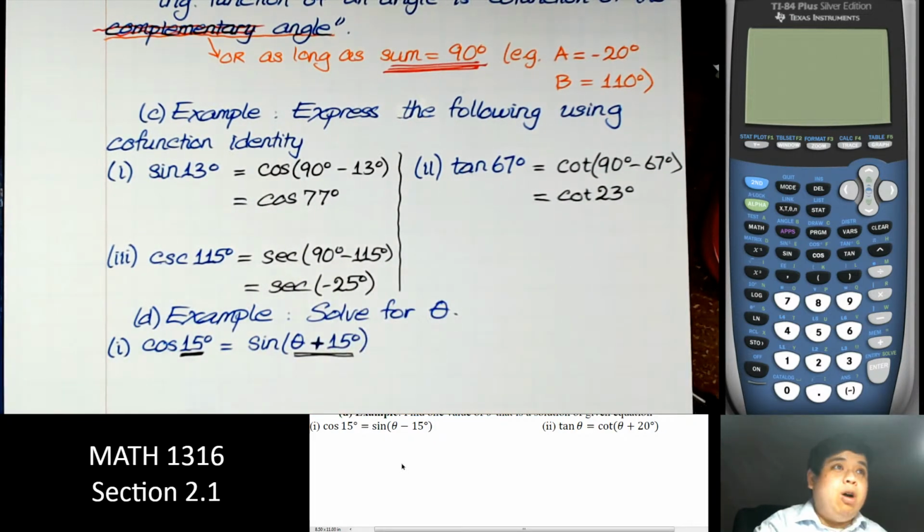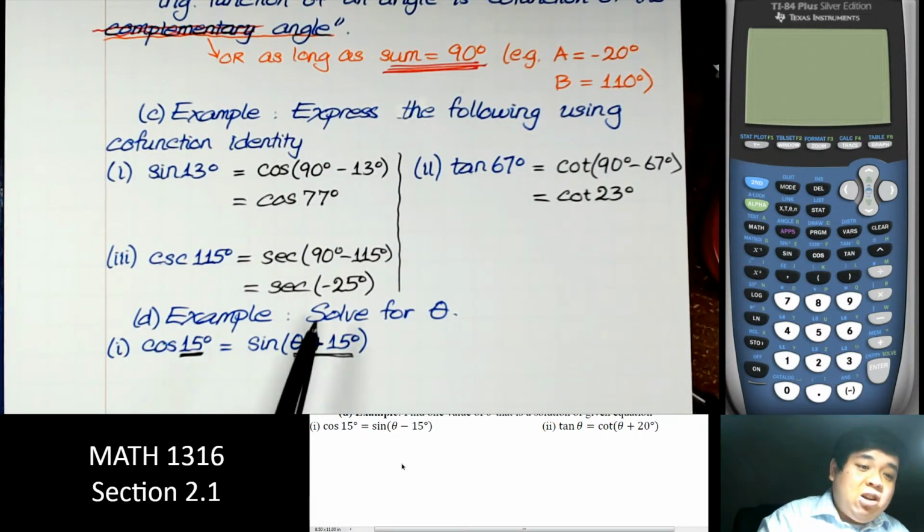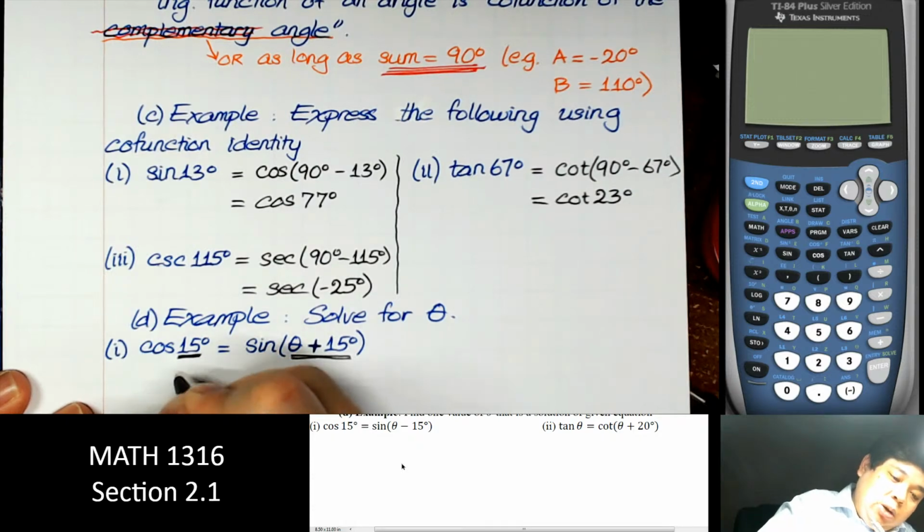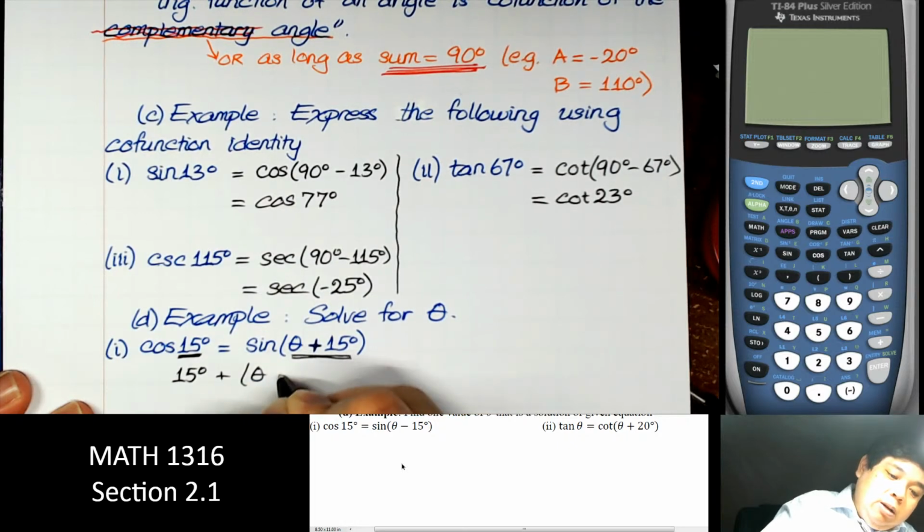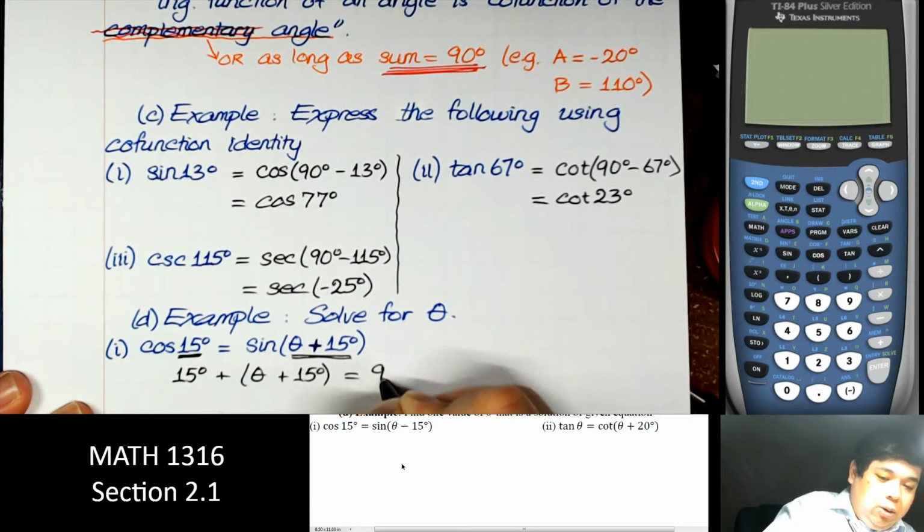From a function to cofunction, as long as the angles add up to 90 degrees, that's good. So this will work if 15 degrees plus theta plus 15 degrees equals 90 degrees.